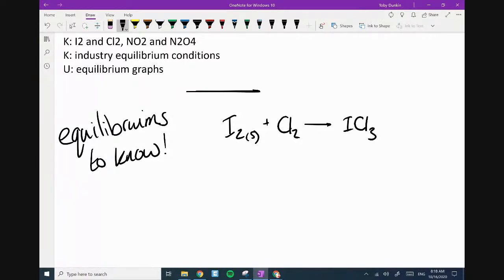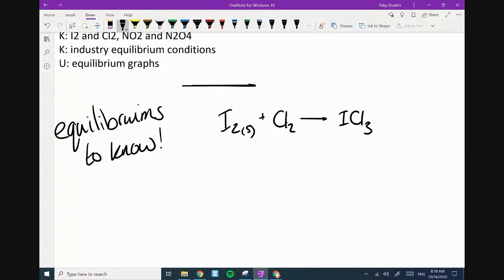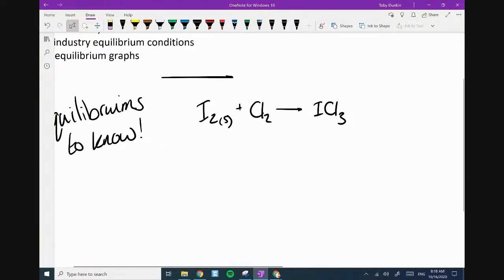Now notice it is not an equilibrium. Just to give you the state symbols, chlorine is a gas at room temperature, and iodine trichloride is a liquid. And just to tell you a little bit about it, it's brown. It's rather a gross-looking liquid.